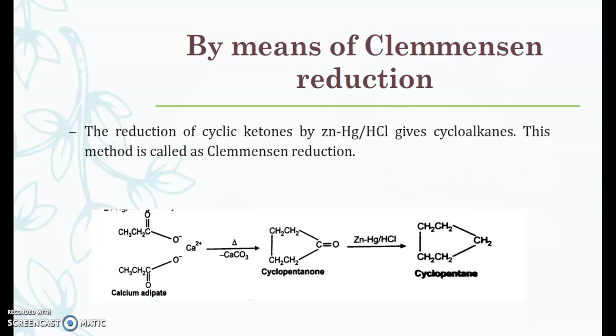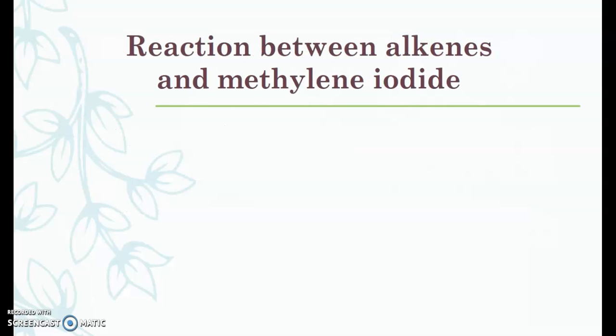Likewise, as we change this particular compound, we will get the different compounds present within the homologous series of cyclopentane. This is the second method used for the preparation of cycloalkanes, the Clemmensen reduction.